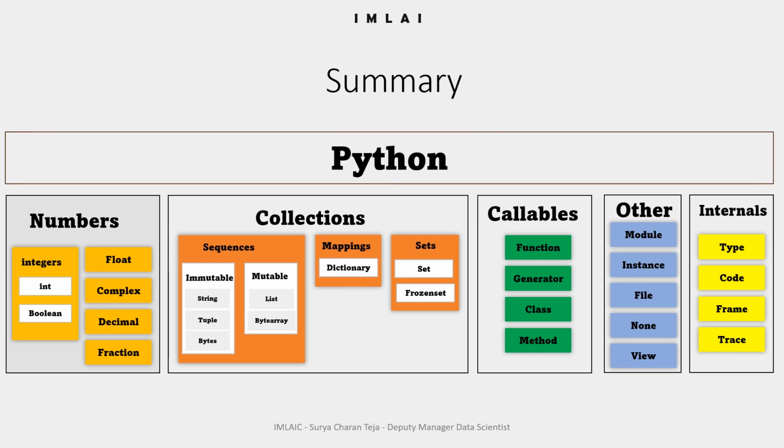And the fourth point is files export only methods, so mutability doesn't really apply to them. After completing this complete module, Python core data types, the conclusion is Python is all about objects. I will repeat this again: Python is all about objects.